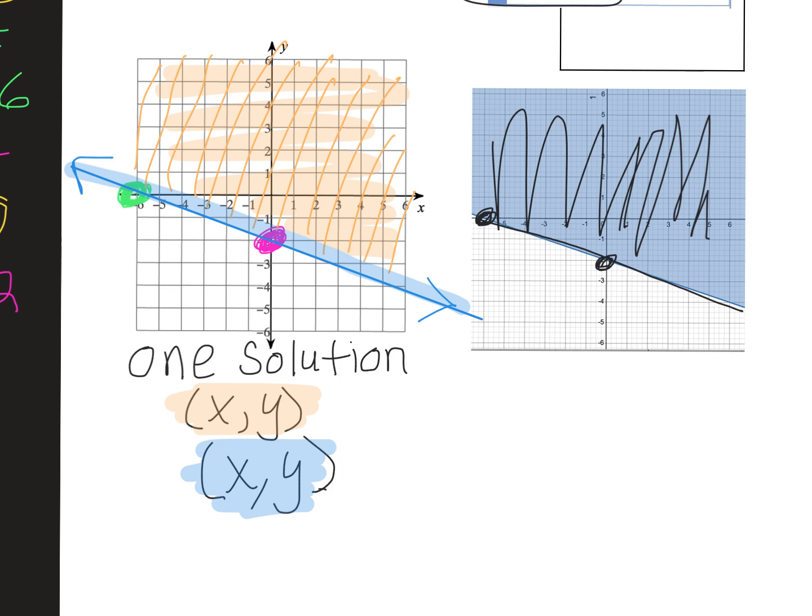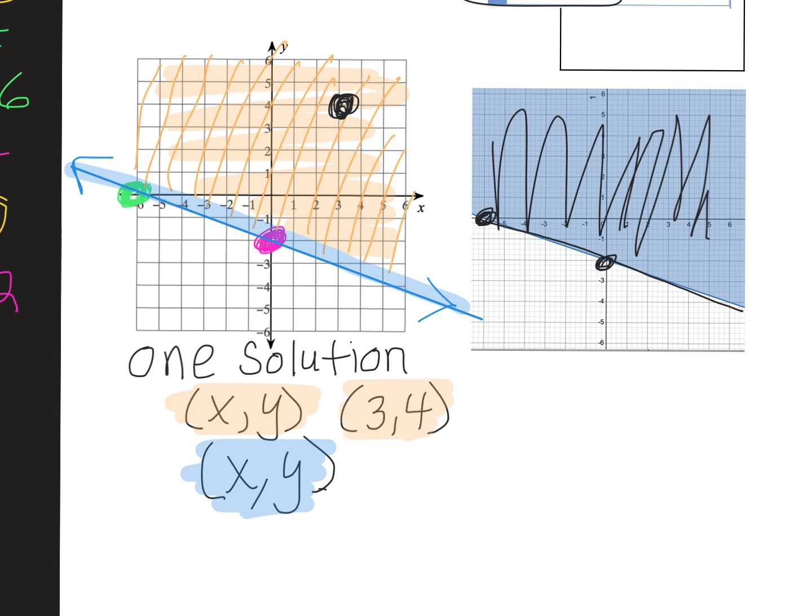So just two examples, although there are a whole bunch of possibilities. I could say this coordinate right here is a solution because it's in the shaded region. So that would be positive 3, positive 4.